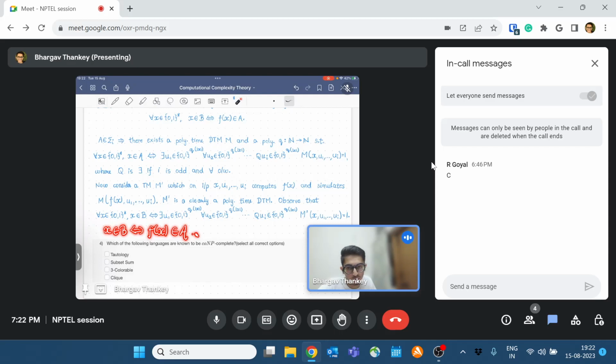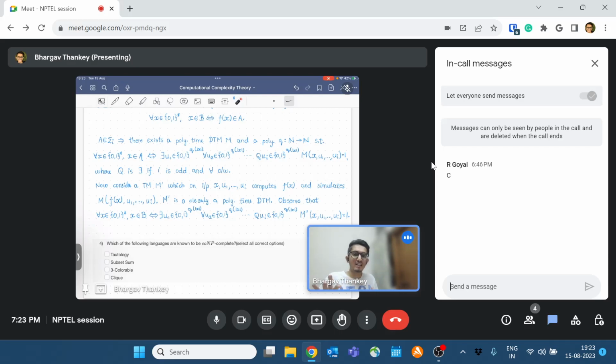When it gets x, U1 to UI, it first converts x to f of x and then just runs M on f of x, U1 to UI, right? So this implies M on f of x, U1 to UI is 1, right? But that is exactly what M prime does. So that's why this is true.